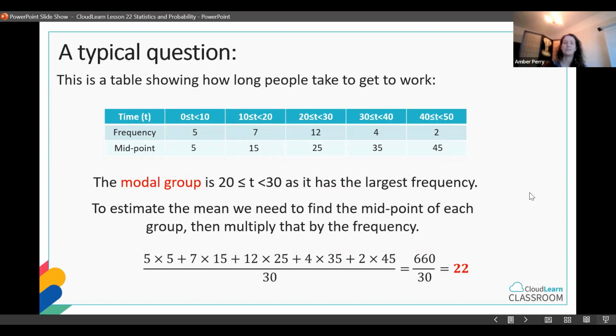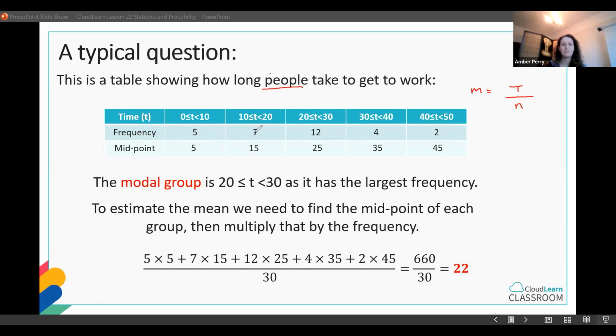Oh, good question. Why is it divided by 30? To find the mean, it's always add them all together, so the total divided by the number that there are. Here, we've got people and how long they're taking to get to work.